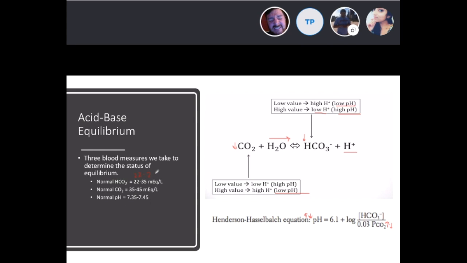And every book is going to differ, so you may see the values change a little bit, but generally this is what you're going to see. With the PCO2, you're going to have between 35 and 45, and then your pH obviously 7.35 to 7.45.